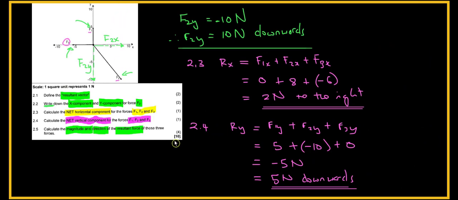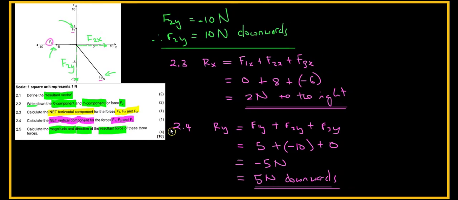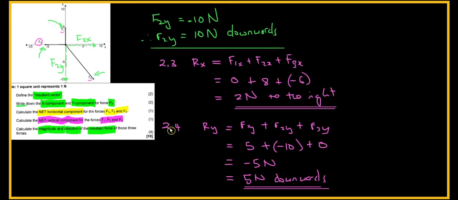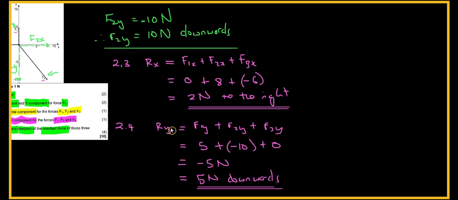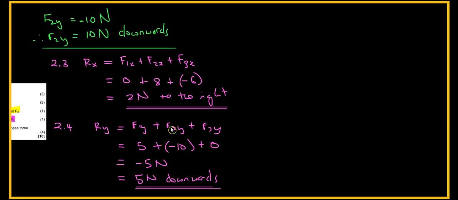So remember, we said the magnitude, we get it by using Pythagoras theorem, and the direction, you get it by using your trig ratios. So since we have the Rx and the Ry, I need simply to sketch first of all a vector diagram. So Rx and Ry will become the sides of a right angle triangle. I'll start by drawing the Rx.